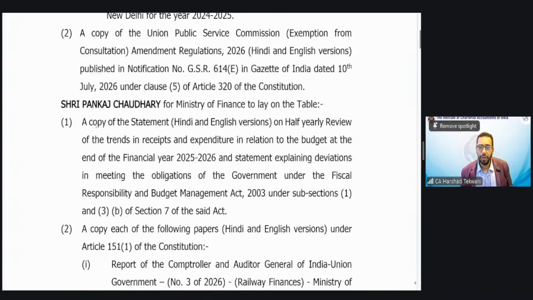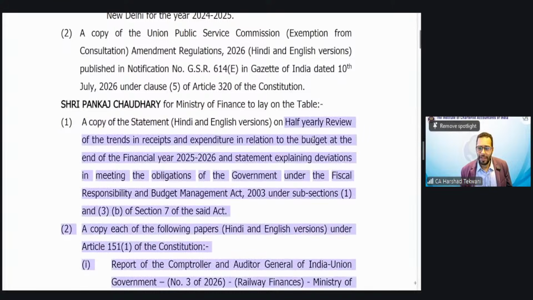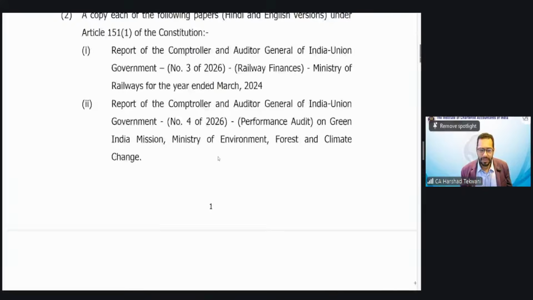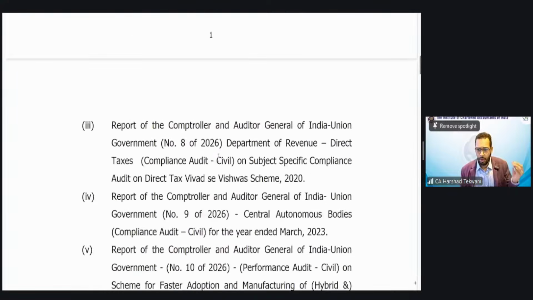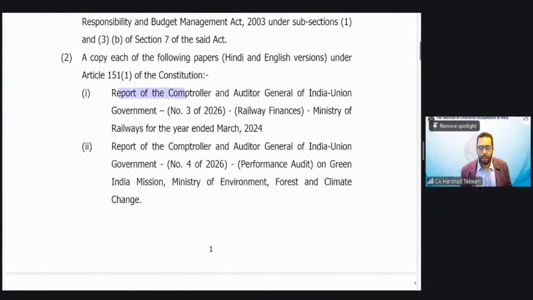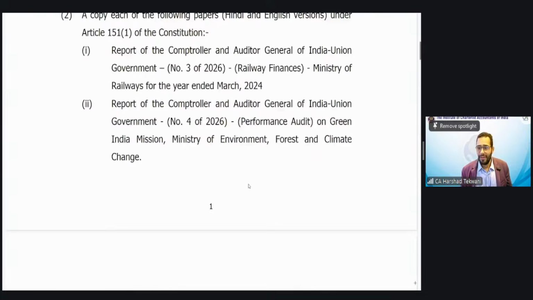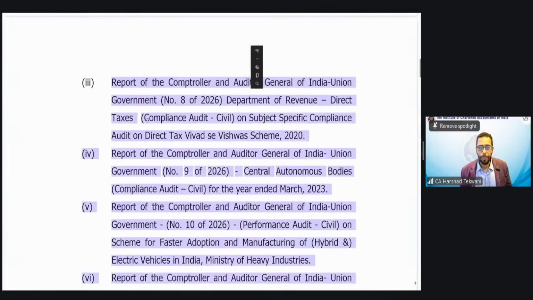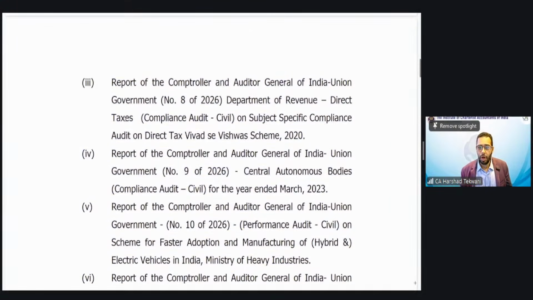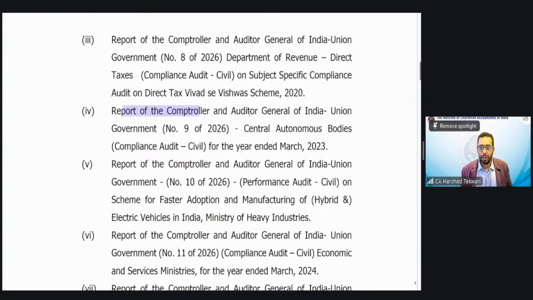A copy of the statement of half yearly review. I'm just talking on a top level, basically. Report of the CAG on Union Government Railway Finances. Report of CAG on direct taxes compliance audit civil. Report of CAG on Central Autonomous Bodies compliance audit civil.